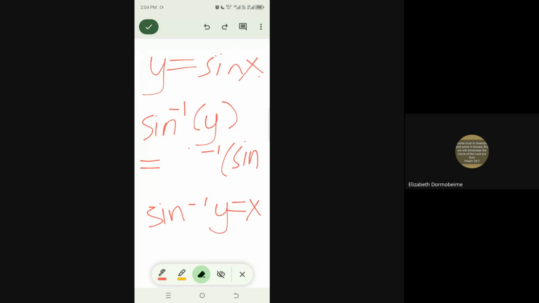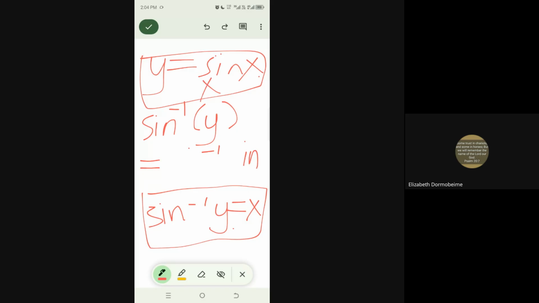So now we have this and this, and this is the inverse of this. Are we okay? I just want you to see how it came about. You have a function y is equal to sine x. You want to find the inverse of sine, so you find sine inverse of both sides, and it will change to this form. That is all that I want to show you.